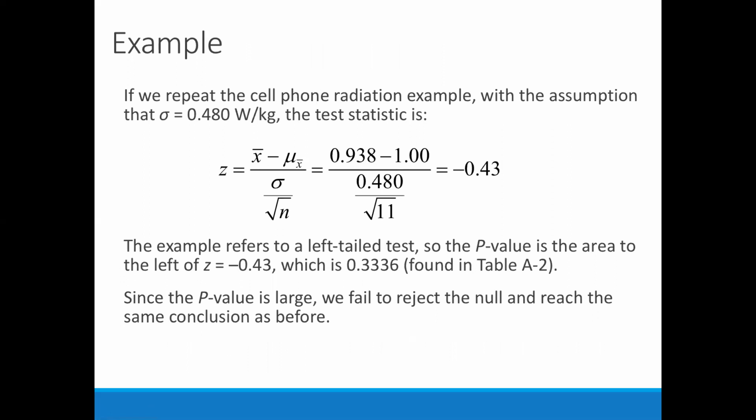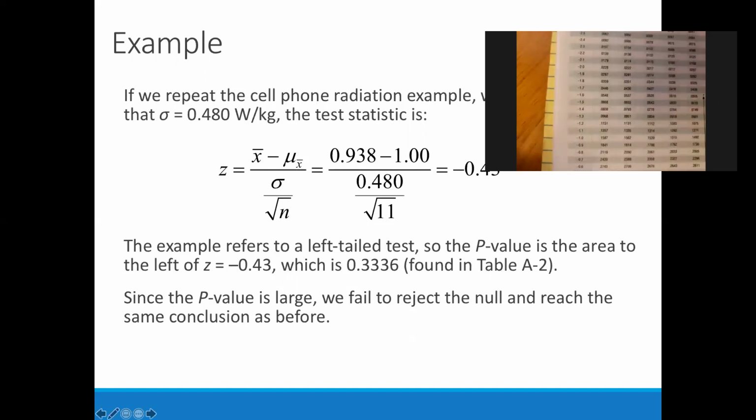So we go through and do that. You can find that p-value pretty easily, I think, on your own. But you'd find that negative 0.43. It's a left-tailed test. So I'll put this up on the screen, and make it a little bit bigger.